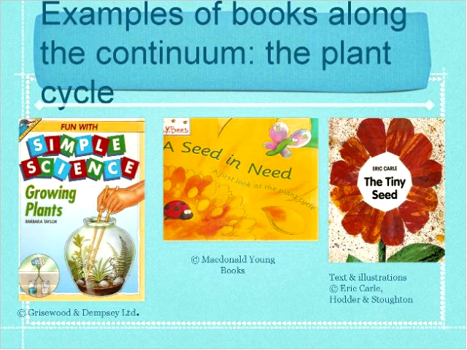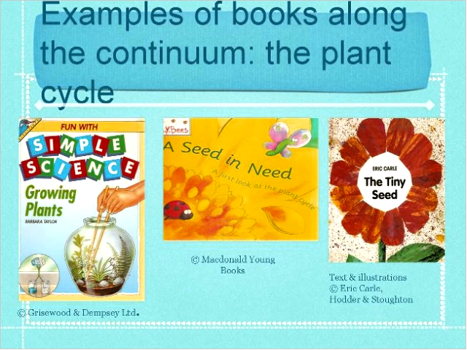The one in the middle, which is fictionalized, A Seed in Need, is a story, a narrative of what the seed needs to grow, and we have little dialogues between the butterfly and the ladybird, and in the course of the narrative the children learn about the plant cycle.